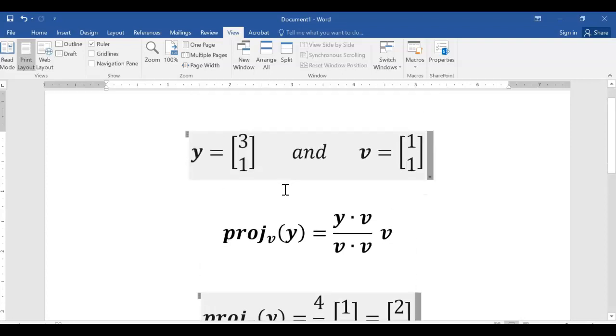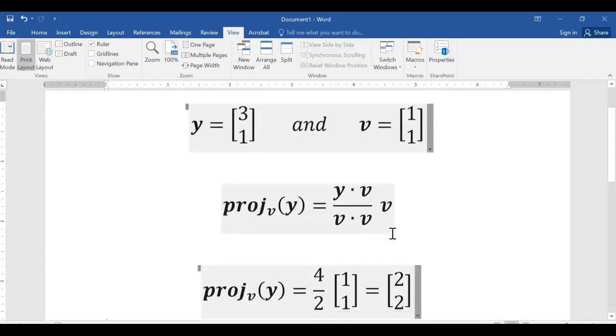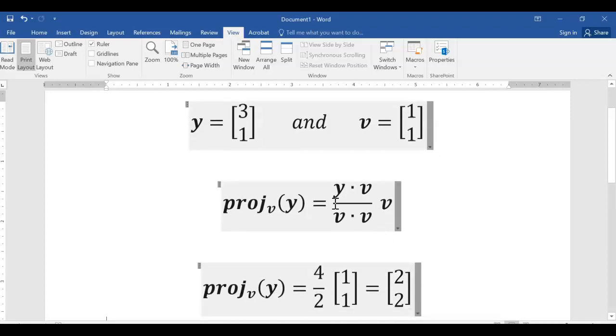So the projection of y onto v, we'd take the inner product of y and v divided by the inner product of v and v, and that's our coefficient, which we multiply times the vector v. The inner product of y and v is 3 plus 1, which is 4. The inner product of v and v is 1 plus 1, which is 2.